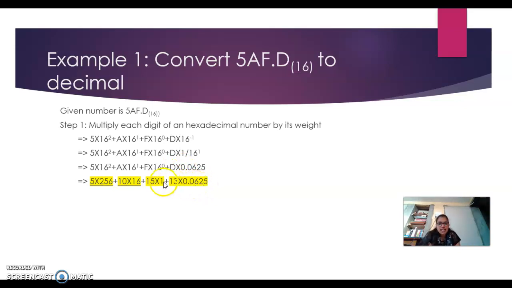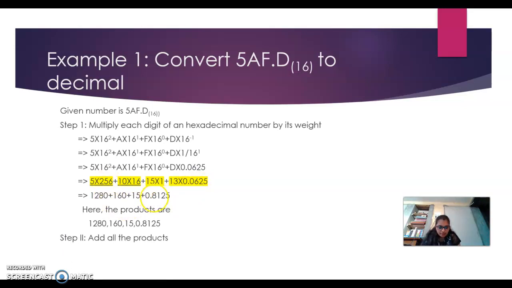Here the highlighted terms are product terms. What are the products here? 5 into 256 is 1280, 10 into 16 is 160, 15 into 1 is 15, 13 into 0.0625 is 0.8125. Add all the products.